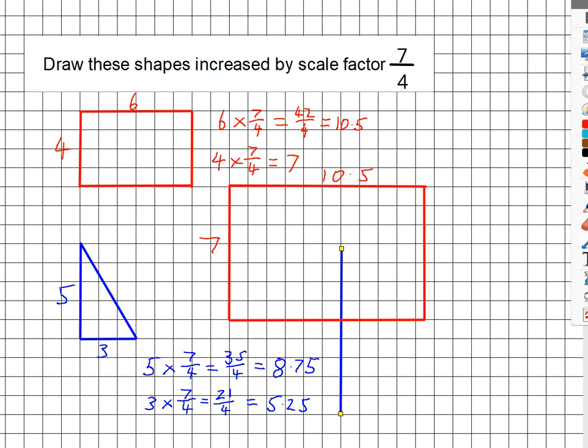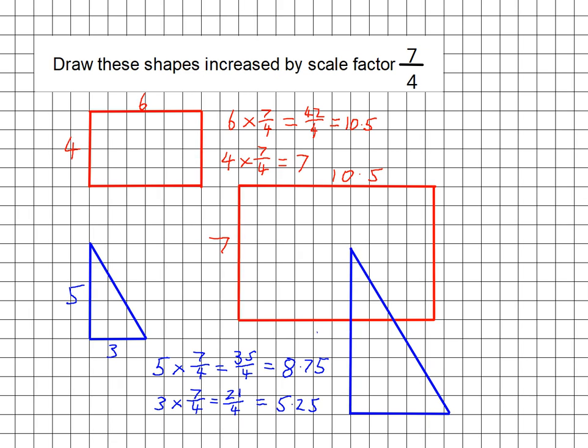And we're going along by 5 and 1/4. 1, 2, 3, 4, 5 and 1/4. And then we can join our 2 points on a triangle. And we have a triangle which is 8.75 and 5.25.